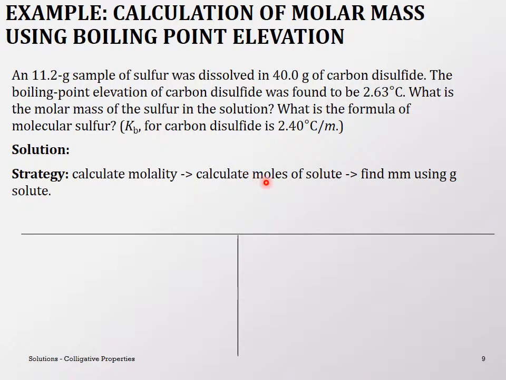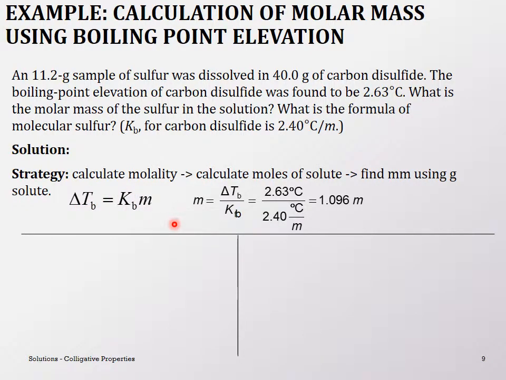So let's set it up. Our formula for use is going to be this one, which is for the boiling point elevation. So fill all the data in here. This is supposed to be Kb. So molality is then the change in the temperature divided by the boiling point constant. And so this is what we do, and then 1.096 is the molality of the solution.